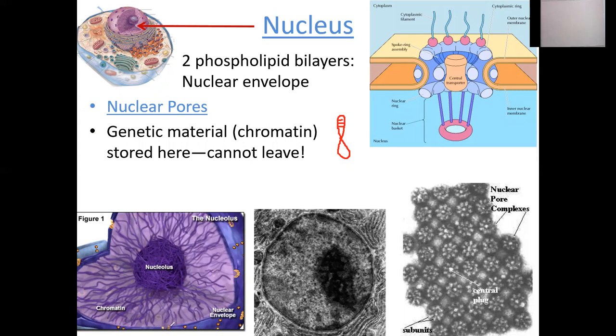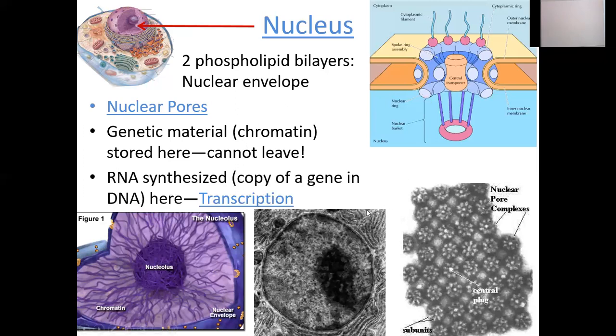Instead, they are stored in a form that's almost like cotton candy, just kind of all over the place within the nucleus. And so that's a good thing because our enzymes can access individual genes on our DNA double helix at will, right? It's not embedded within this wound up chromosome form. Again, DNA cannot leave. It is way too big of a molecule, cannot pass through the nuclear pore.